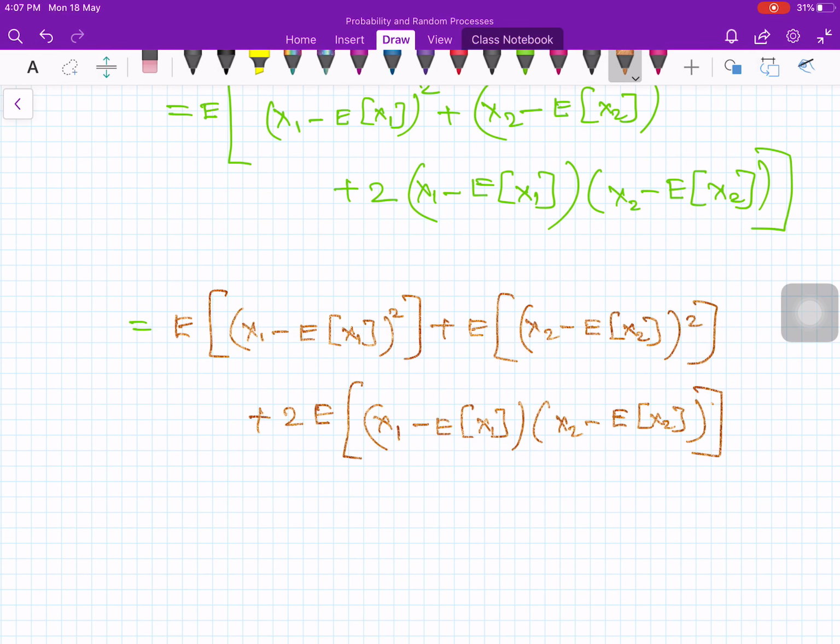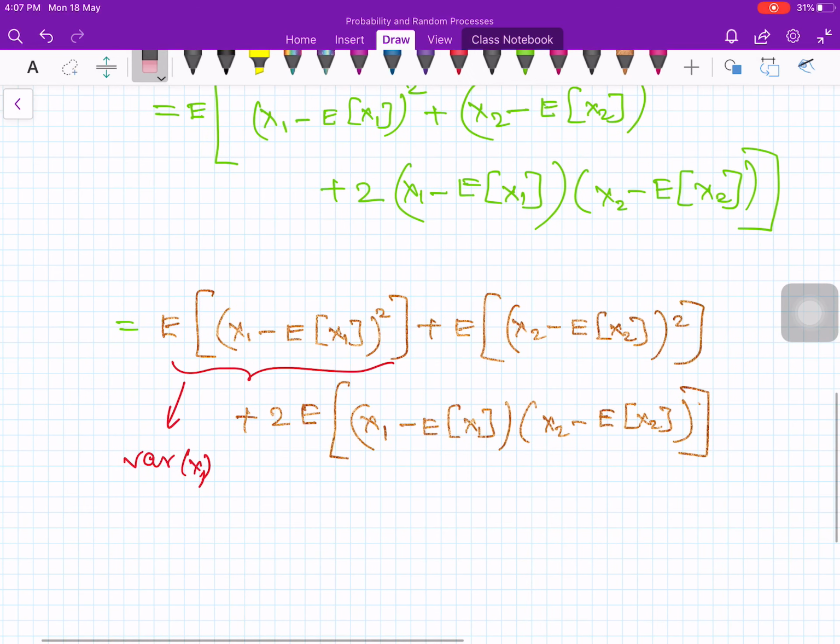Now the expected value of the first term you can think of as variance of x1, and the expected value of the second term you can think of as variance of x2.